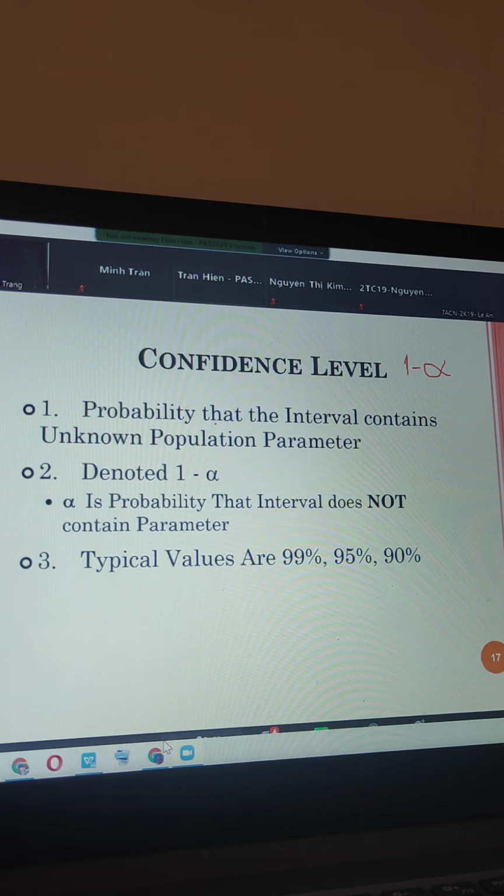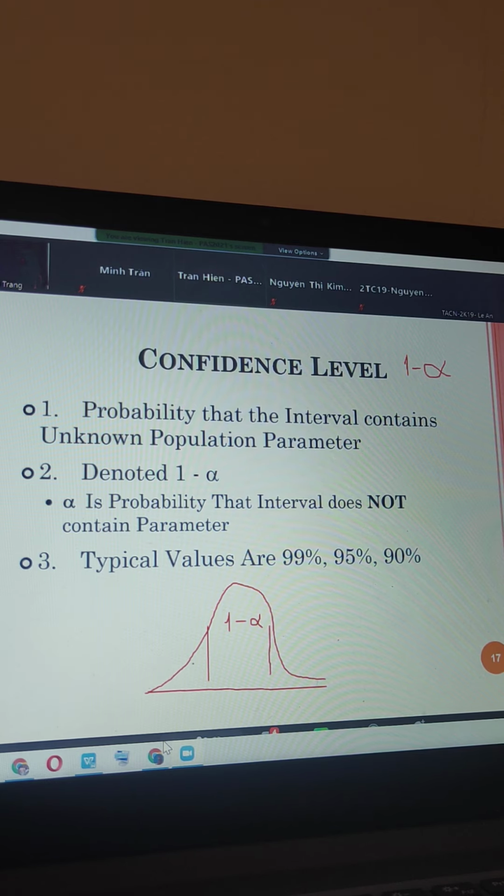Okay, this is the probability that the interval contains the unknown population parameter. The 1 minus alpha shows the probability that the interval contains the unknown population parameter.